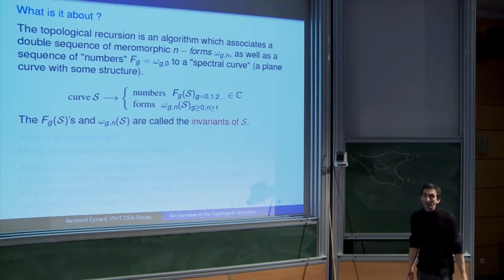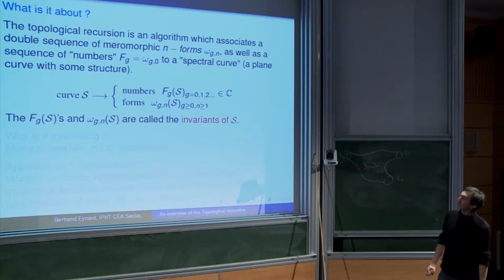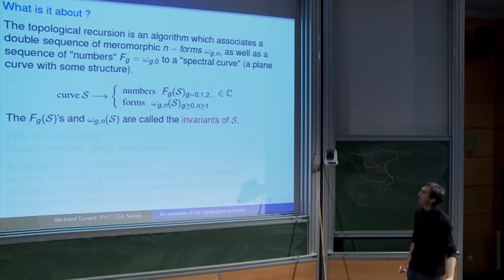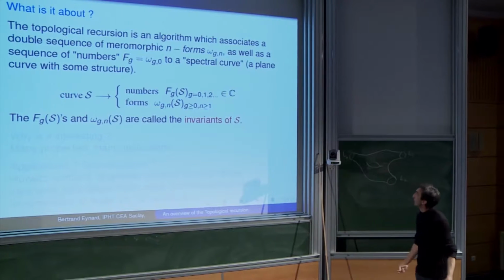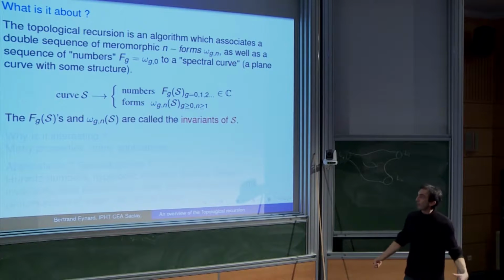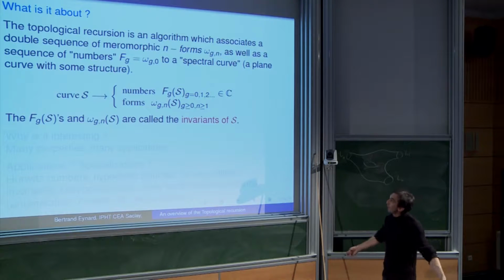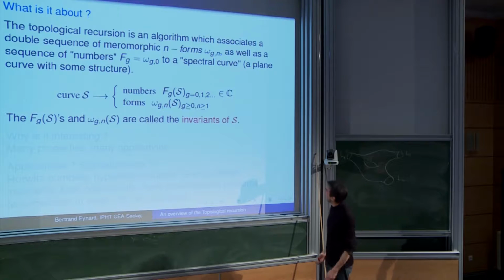We will need to define all those things, but what is a spectral curve? In fact, again, there is not really a full agreement on that. What should a spectral curve be? But the idea is that more or less it's a kind of plane curve or algebraic curve, not necessarily algebraic, by the way, with some additional structure.